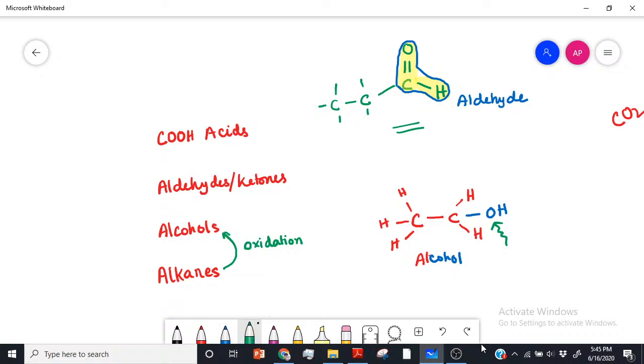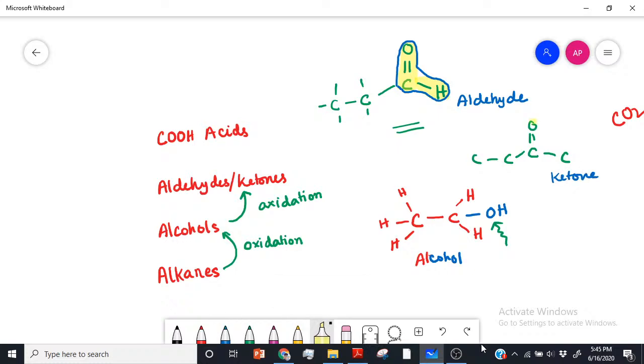And from alcohol to aldehyde or ketone is also oxidation. What are ketones basically? Over here, if you remove the hydrogen and put a carbon group instead, then that becomes your ketone.